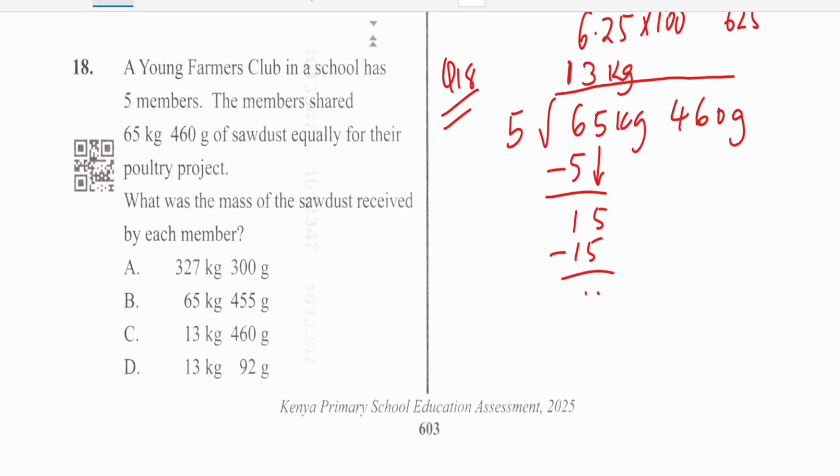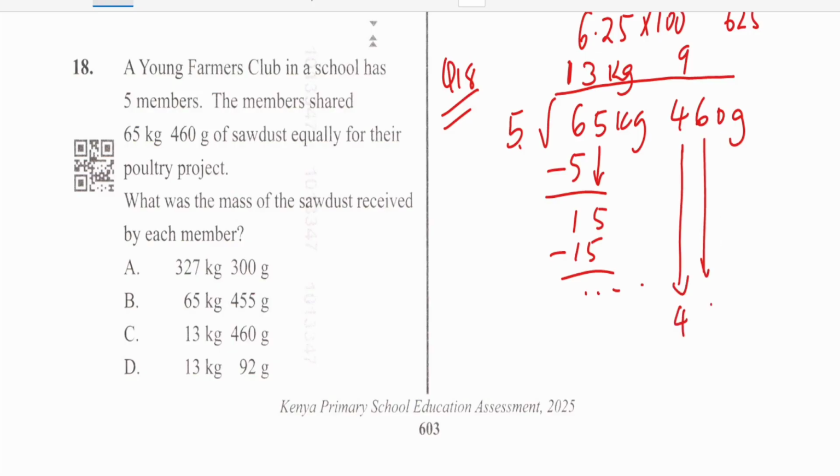Now for 460, 5 can go into 46 9 times. Since this one is just 0, you can drop the 460, all of them, but let's just do it here. So 46 only.